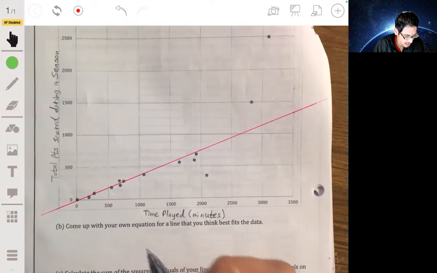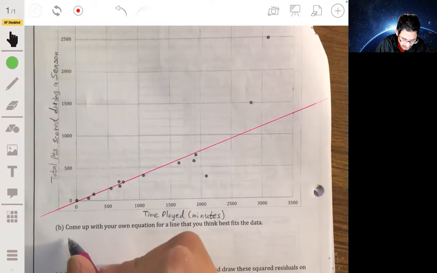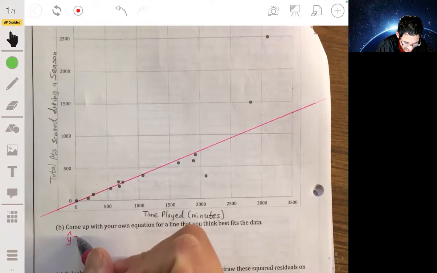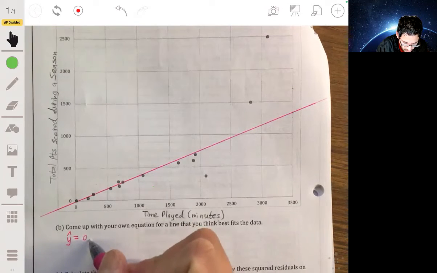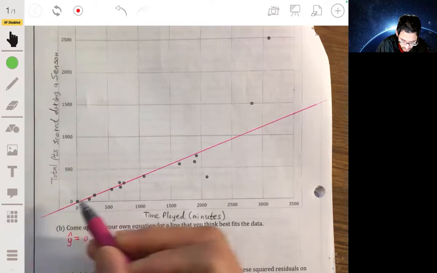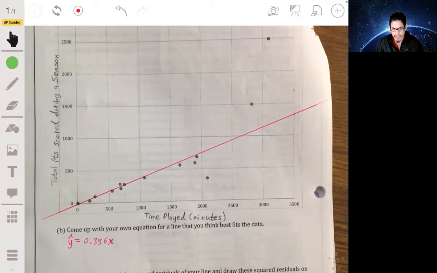And the equation we have for this line is y hat is about 0.386x, going through the origin, plus about 1350. Anyways, so that's our line of best fit.